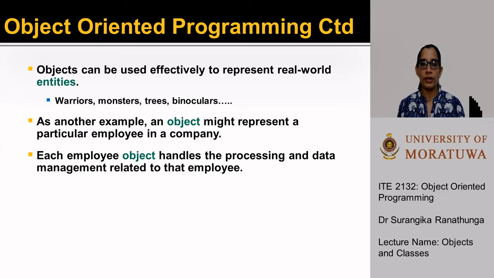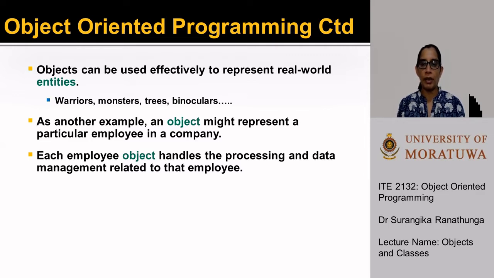For example, if you think of an employee in a company, it's an entity, right? So we can get an object to represent this employee in an object-oriented program. So this employee will have its own data such as his name, ID number, salary and all, and then it will have different methods such as a method to change his salary.